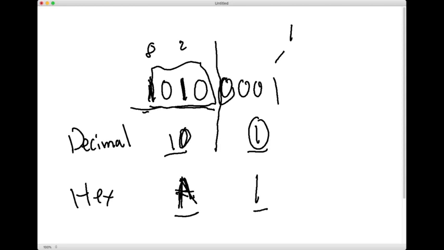Now this can be a somewhat tedious process, but the trade-off is that when we show values in hex, they are easier to read and they take up less space. So hopefully this helps, and let me know if you have any questions.